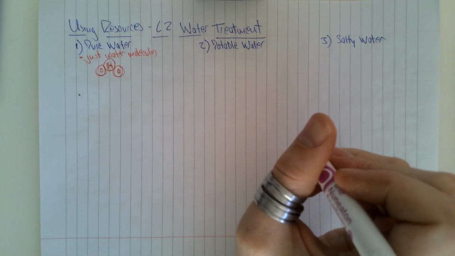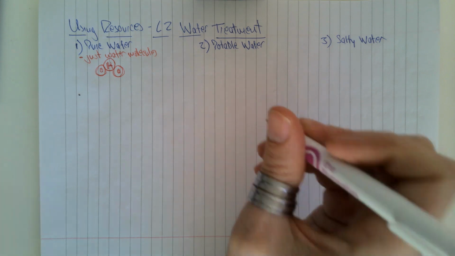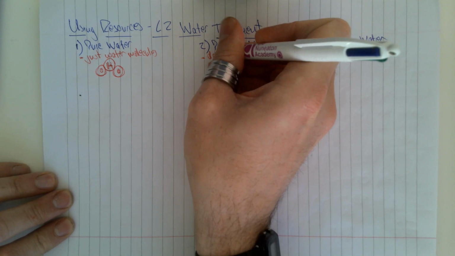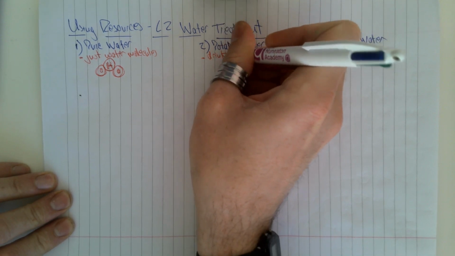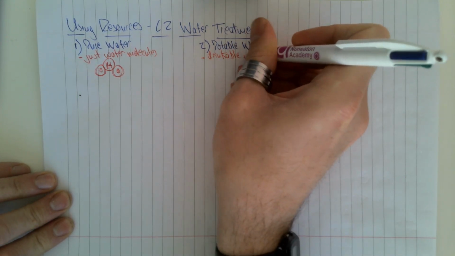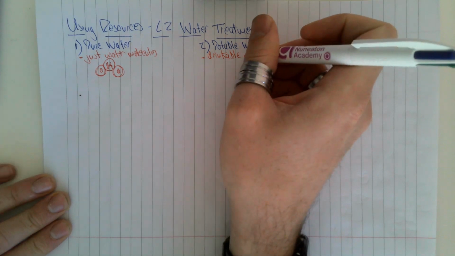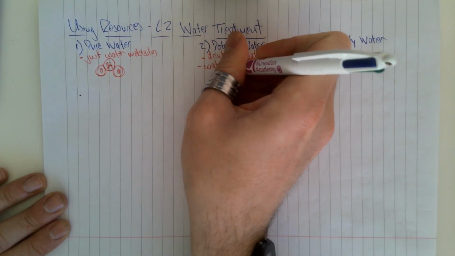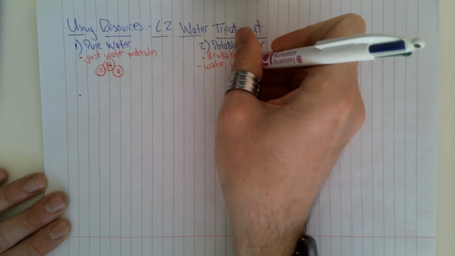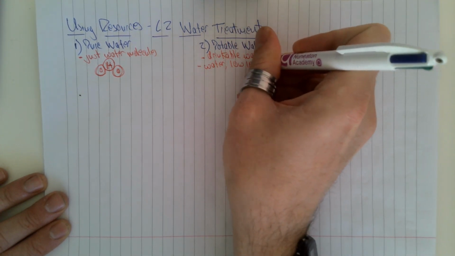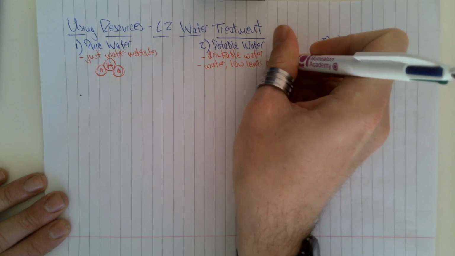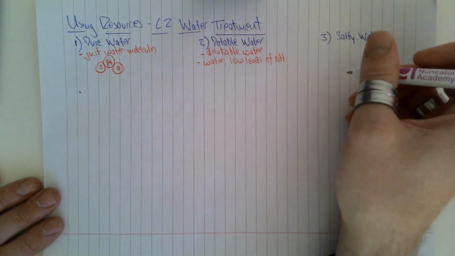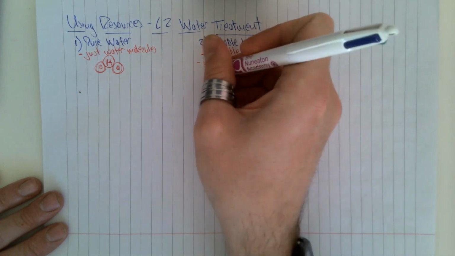Okay, potable water is what we might describe as drinkable water. So often water is treated to make it drinkable. Now, it contains water, low levels of salt, and sometimes safe levels of microbes.